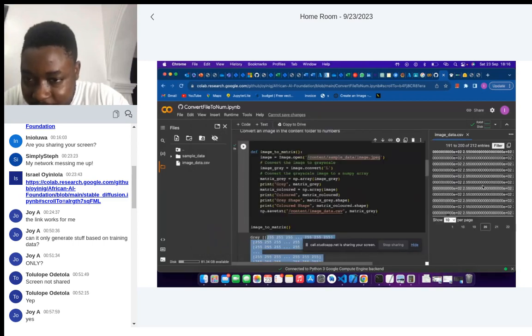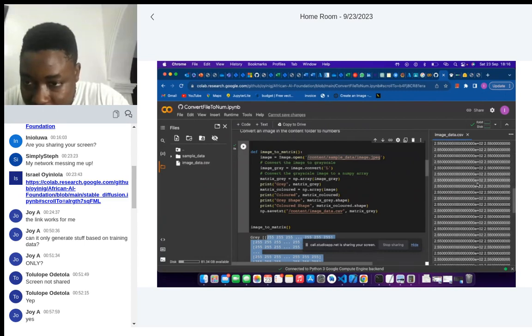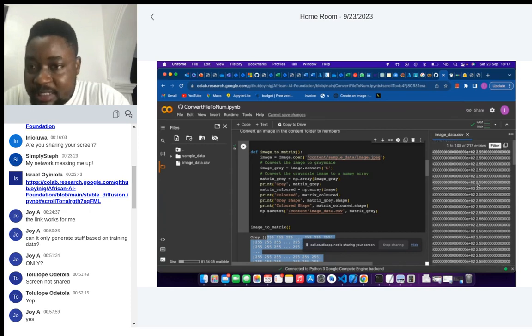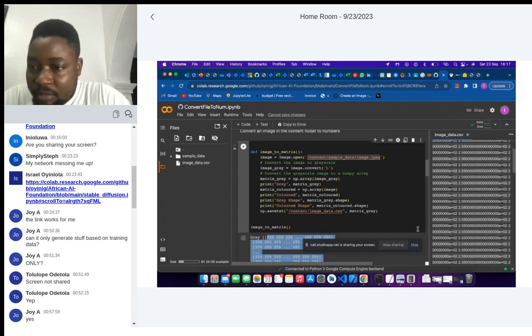Show 100 per page. All right. I can upload another image that doesn't have a lot of white so that we can just see. But the point is, this particular number set represents that fish.